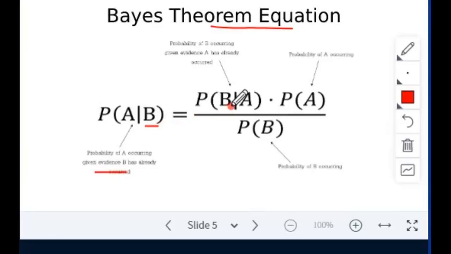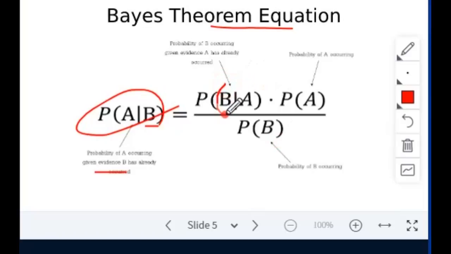So this entire thing is equal to the probability of B given evidence A, into probability of A, whole divided by probability of B.